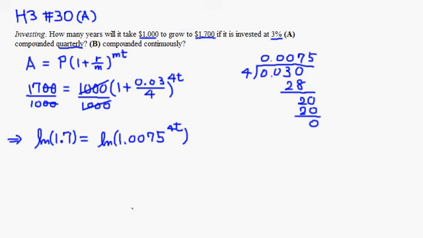Using one of the properties of natural log, we can put this power, 4t, right in front of the natural log. So we can rewrite this as 4t natural log 1.0075.